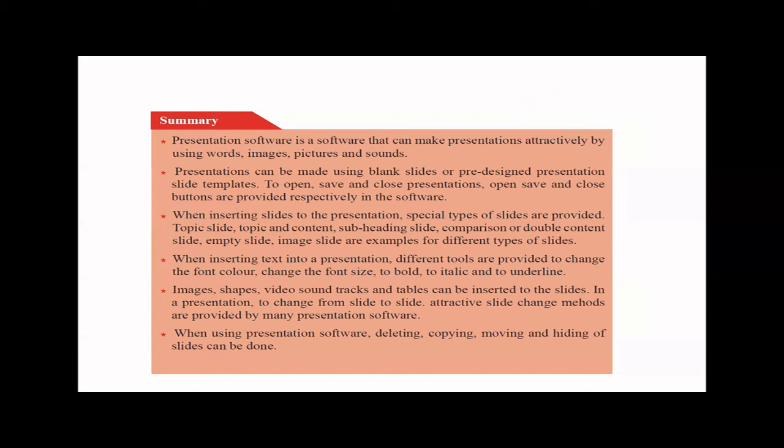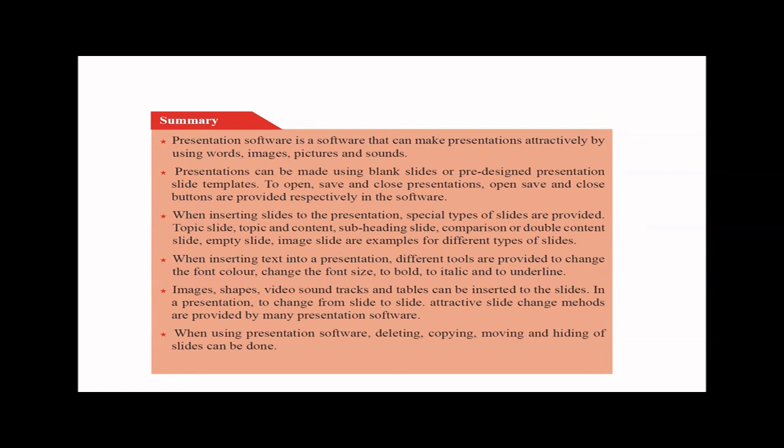So you can open, save, close presentations. Those things were there. Different types of slides are there, right? Topic slide, topic and content, subheading, comparison, empty slides, like that. There are different types of slides.